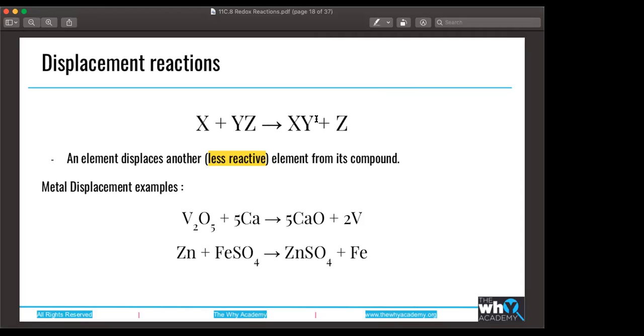Yeah, you can. Pretty much, yes. Okay. Yeah, ma'am, because one of the elements is always in the elemental state, which is the one that is doing the displacing. So that ends up being redox reactions.